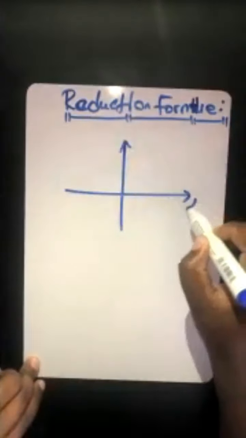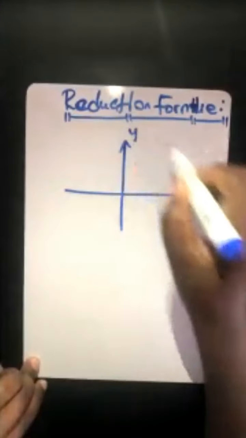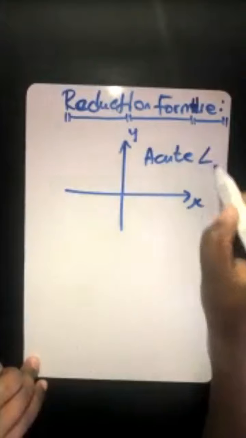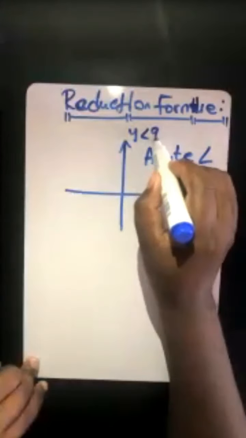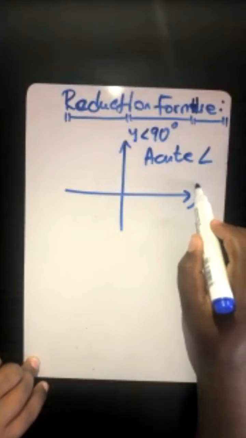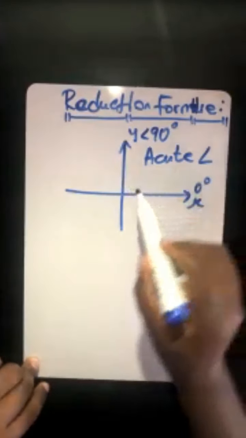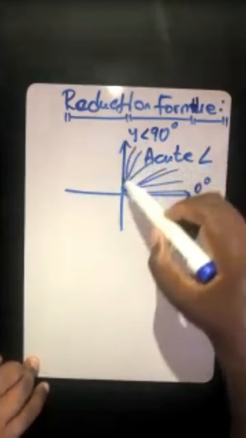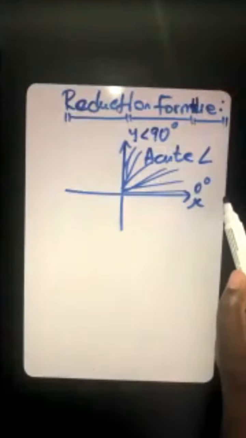Remember, on a Cartesian plane, this side is called the acute angle. Why is it acute? Because we have angles which are less than 90 degrees from 0 degrees. So all angles formed here are what we call acute angles. I hope you remember that very well.